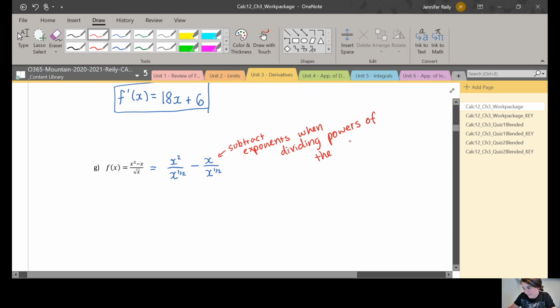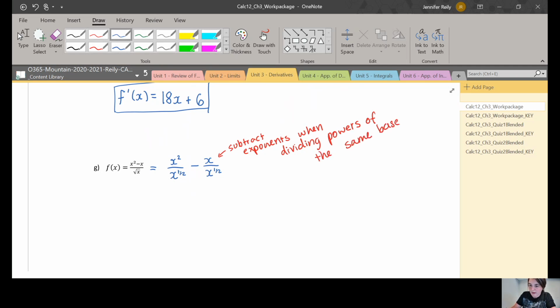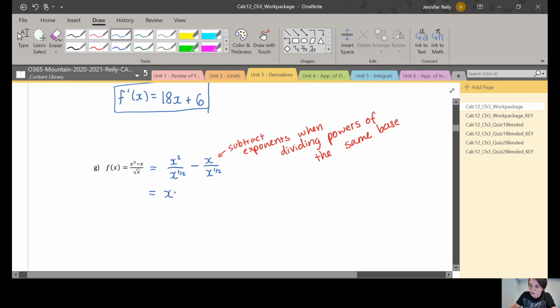So we can rewrite that as, 2 minus a half is 3 over 2. And this has a power of 1. So 1 minus a half is a half. Okay, so that's the original function, just rewritten in separate terms.